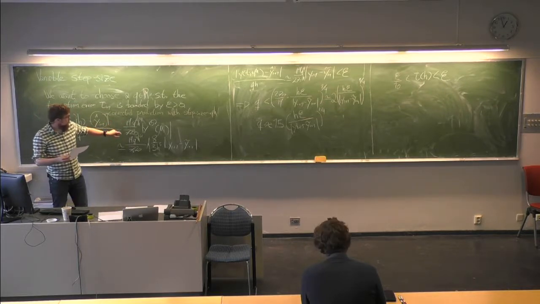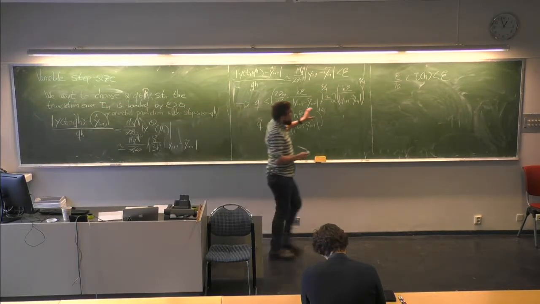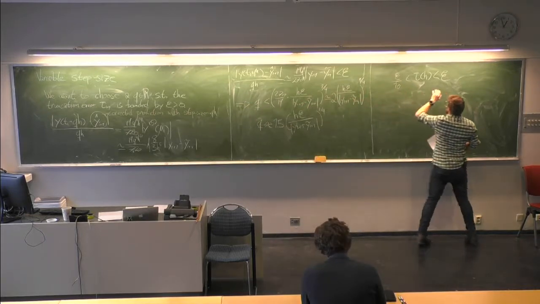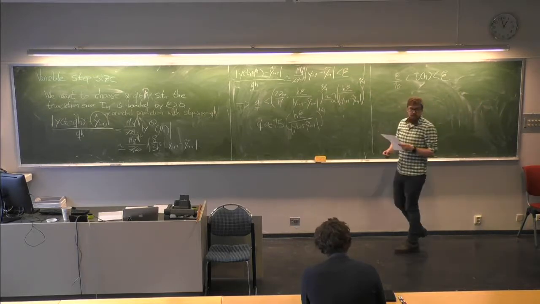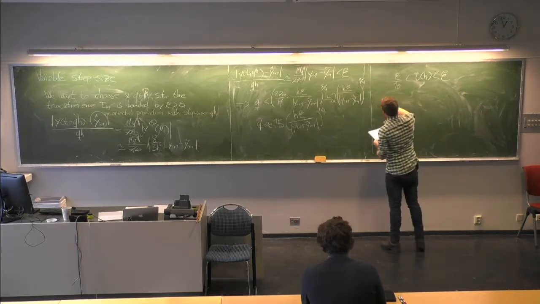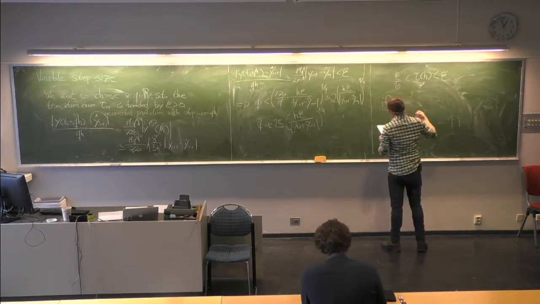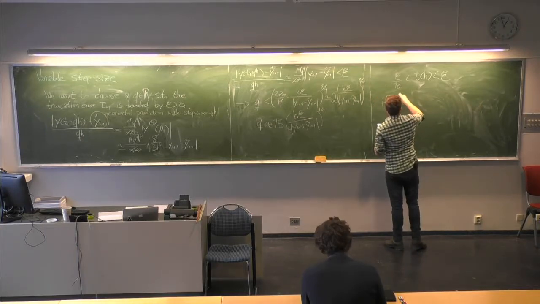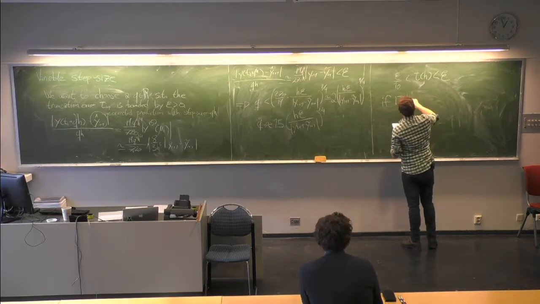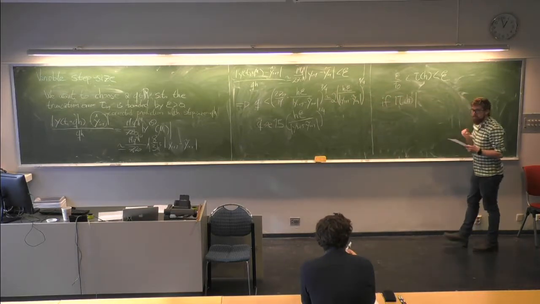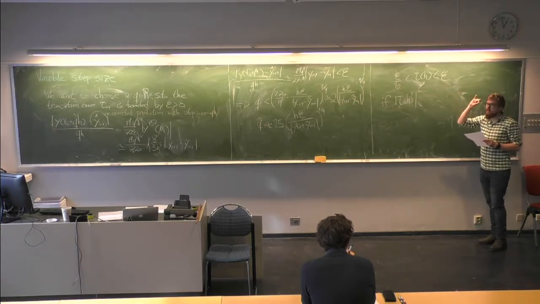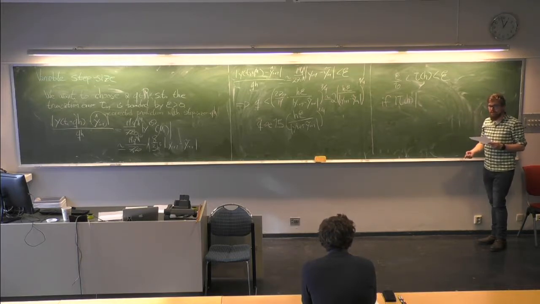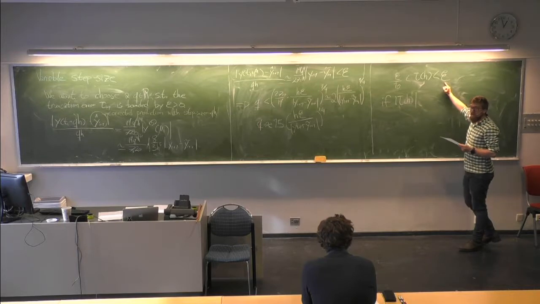So if this is between epsilon divided by 10 and epsilon, then we want to change something with the step length. Oh, this epsilon is something you've picked yourself. The truncation error is what you get out from the system you picked. So this epsilon is kind of the acceptable error.